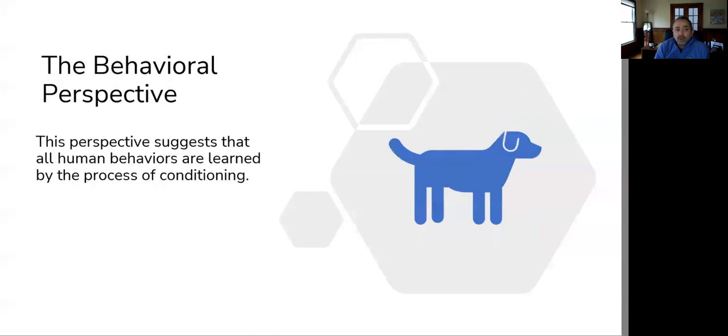We spoke about it in the previous modules as well, but the behavioral perspective suggests that all human behaviors are learned by the process of conditioning. So the psychologists who utilize this perspective will rely on the concept of operant conditioning in order to explain how learning occurs.